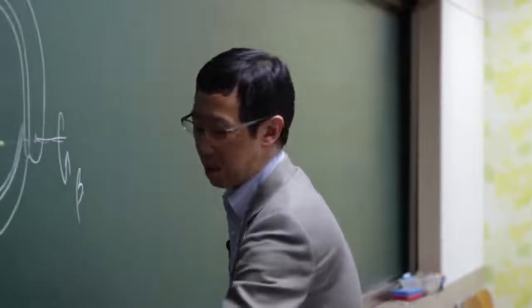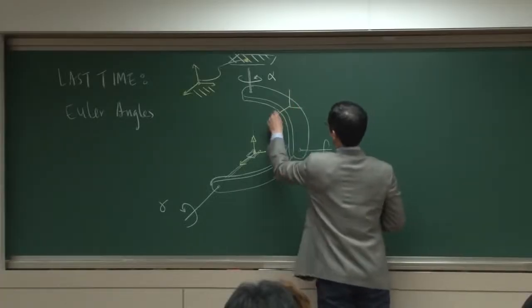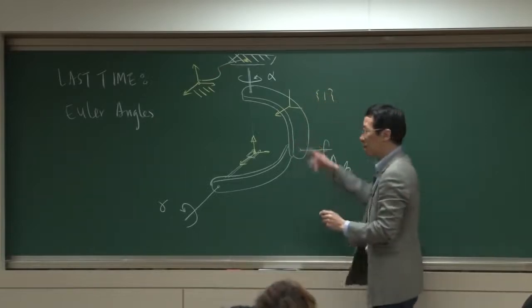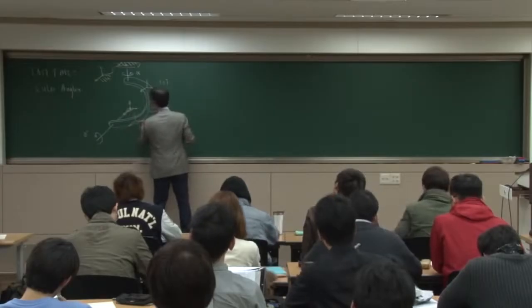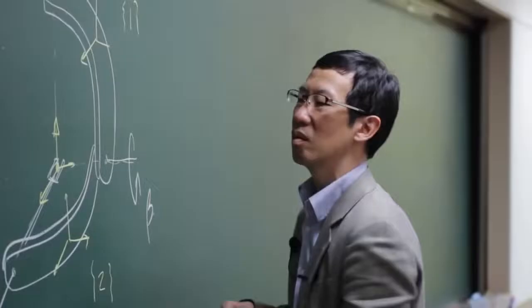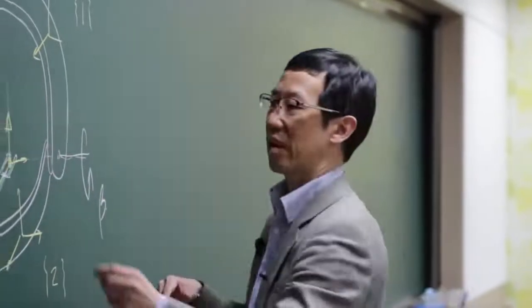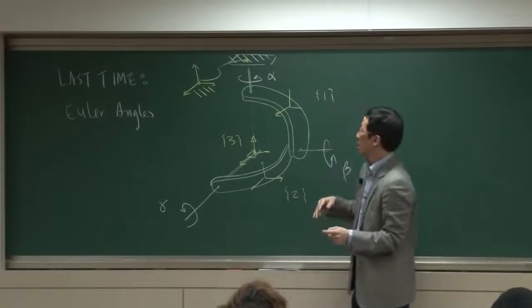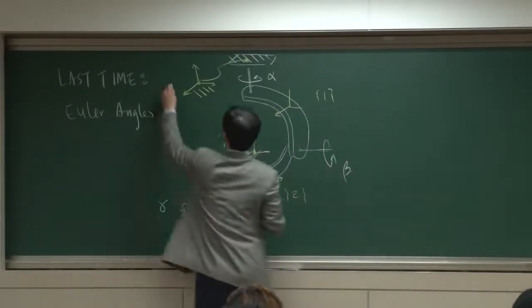The way I'm going to do that is I'm going to attach frames to the links. So here's frame 1 attached to link 1, here's frame 2 attached to link number 2, and my end effector frame, I'm going to call frame 3. And let's call the ground frame 0.